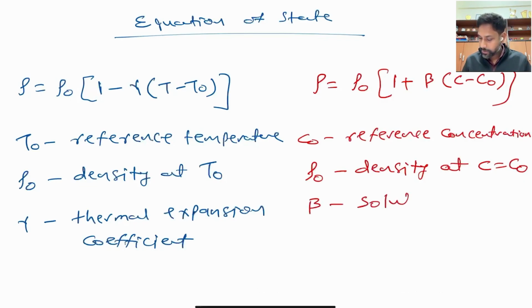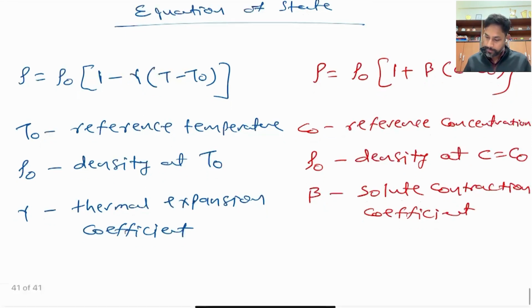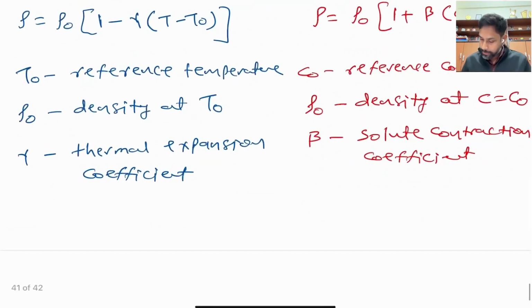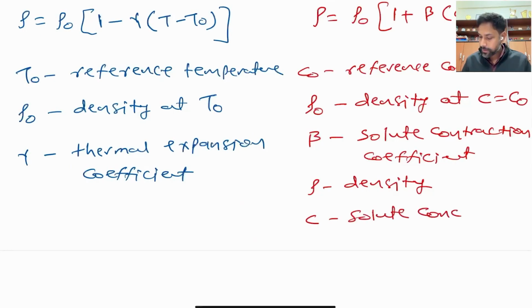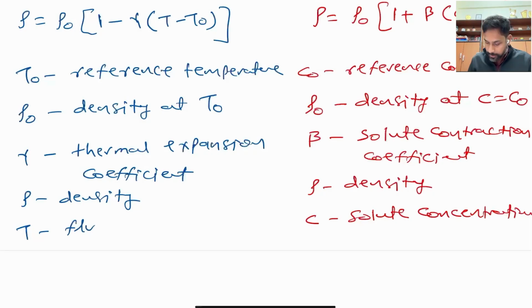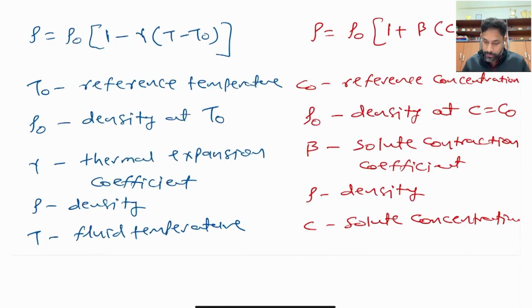Beta is known as the solute contraction coefficient. And here obviously rho is the density and C is the solute concentration. Whereas in the temperature case, obviously rho is still the same density and T is the fluid temperature.